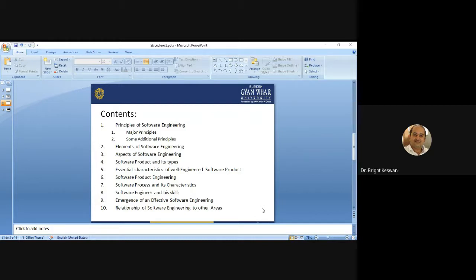Okay, so these are the major principles of software engineering, and some additional principles are also there apart from these 15 major principles. The first principle is understand the customer's priorities.